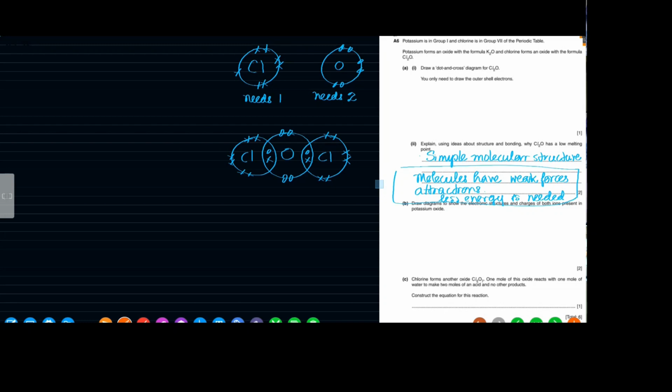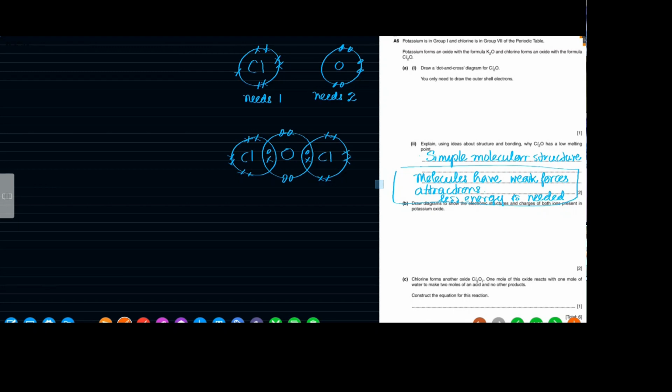You must say simple molecular structure, the presence of molecules.